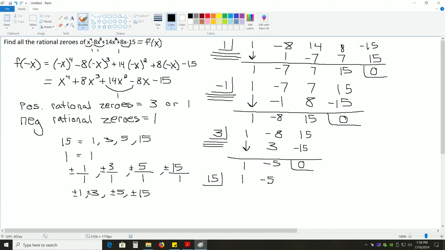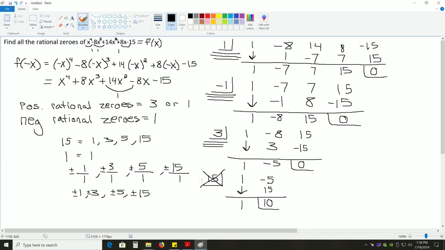Since the 3 worked, it was a factor. So we bring down our first number, which is 1. We multiply the 1 by 15, that gives us +15. Add that to the -5 above it, we get +10. This does not work because 0 is not the remainder we're looking for.